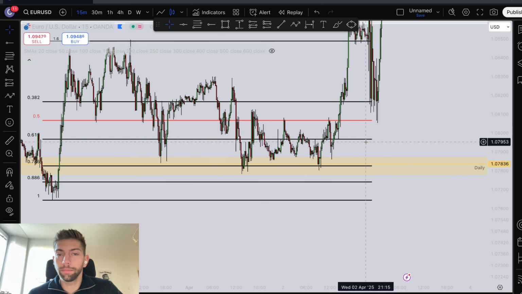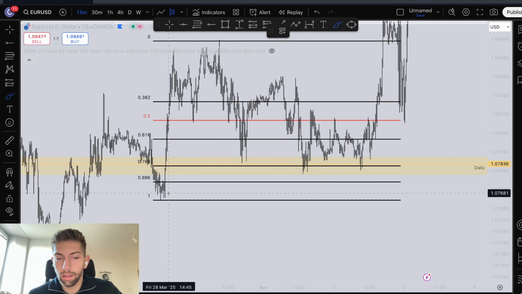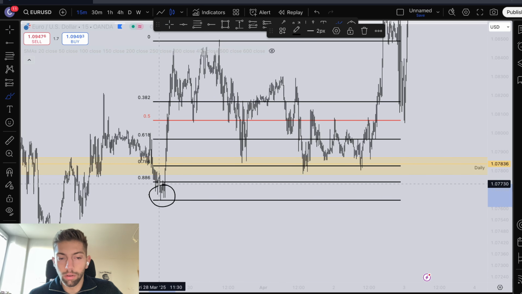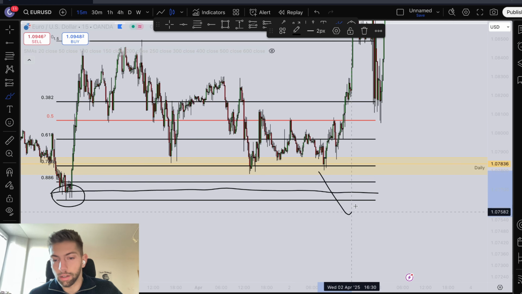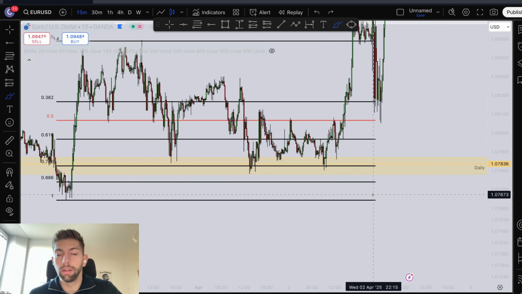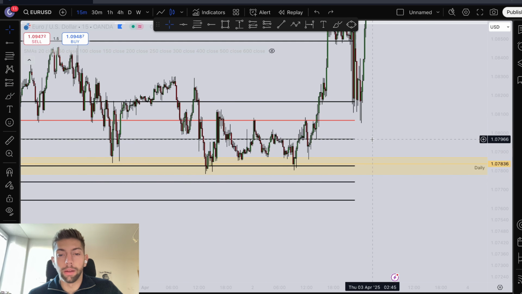But until price breaks this low, price is bullish, which means I want to buy unless we break this structure level and start to break the trend down.